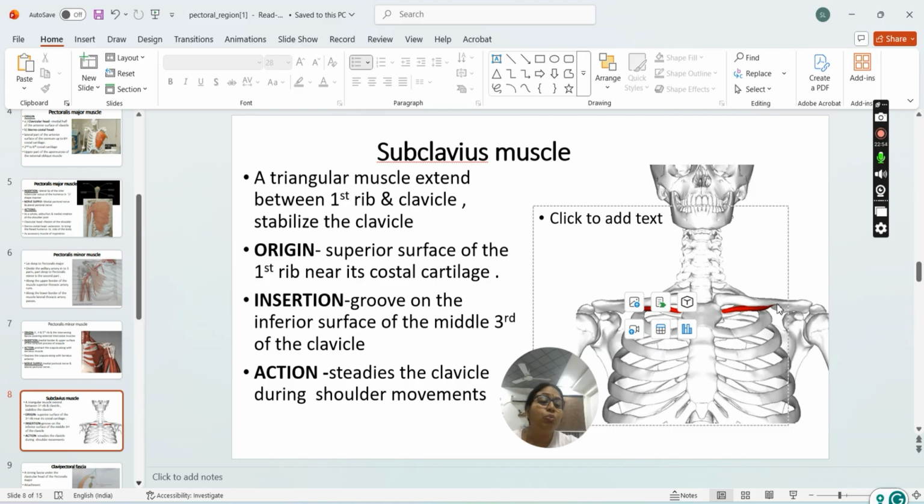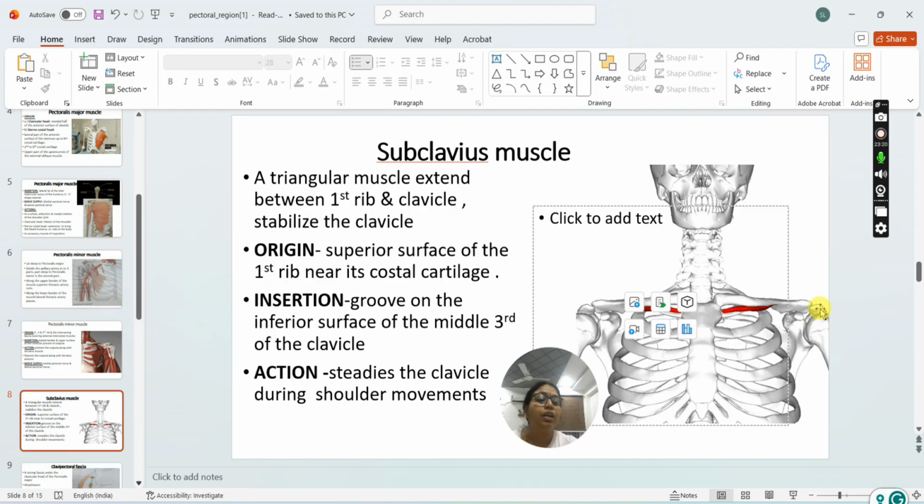Why should the clavicle move? Okay, when you are abducting your arm from the side of the body to the top, this movement is called overhead abduction. It's a 180-degree movement. In this 180-degree movement, 120 degrees happen in the shoulder joint. The remaining 60 degrees happen in this joint.